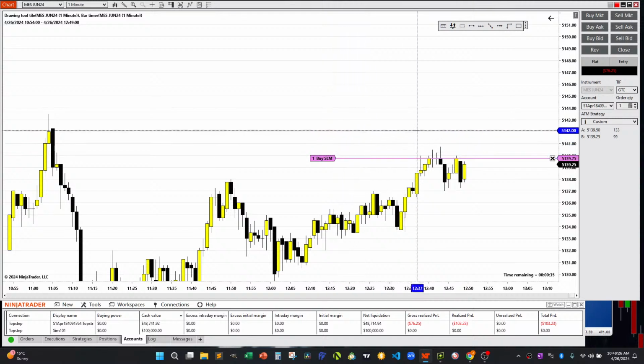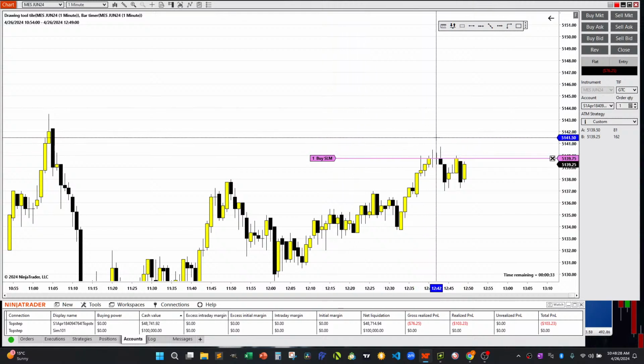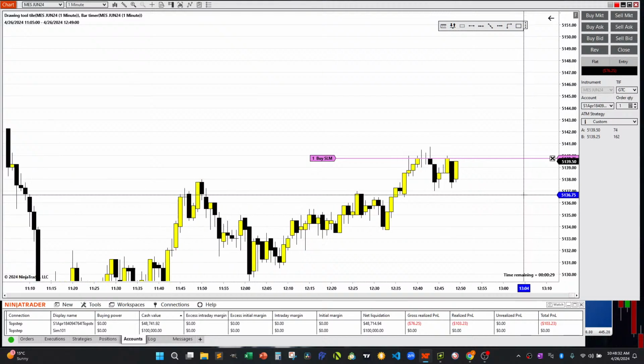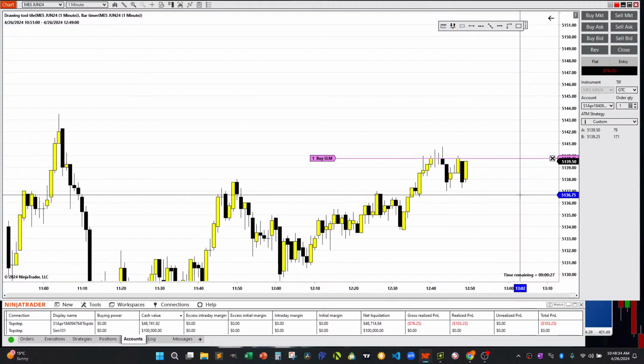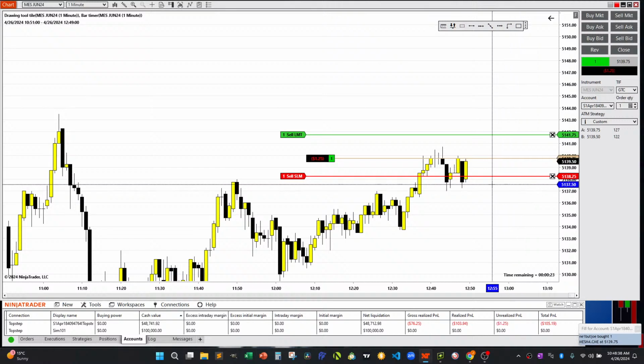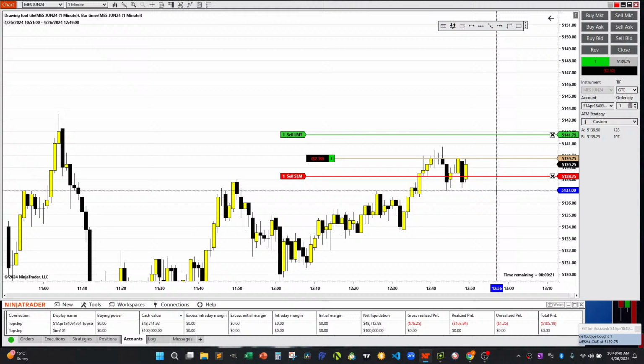Try to get a touch closer. Order filled. So now we'll see an example where that stop is inside the candle.